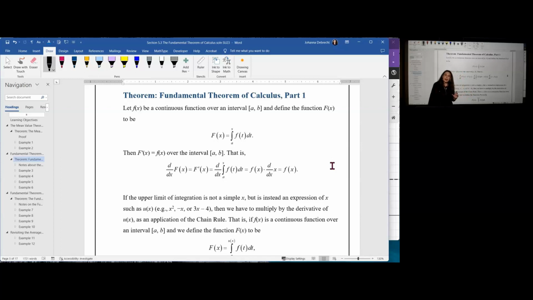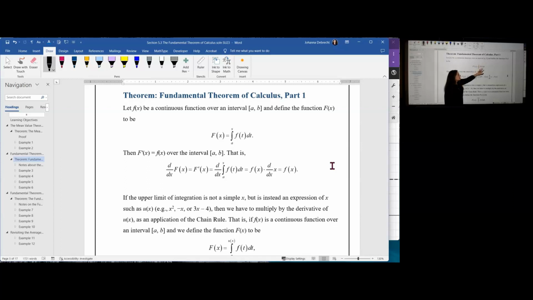We're going to define the function uppercase F to be the antiderivative of this function. F of x is actually defined, and note the weird notation here. This is not an indefinite integral, so it's not exactly the antiderivative, and yet it sort of is.